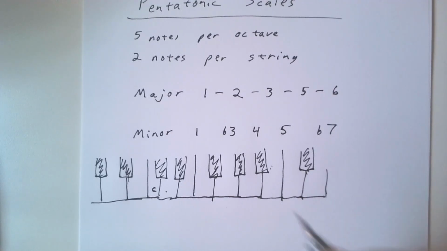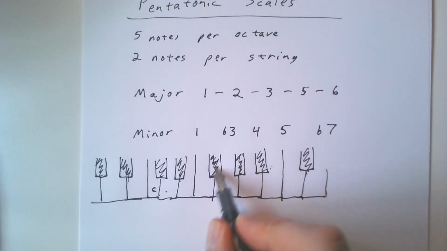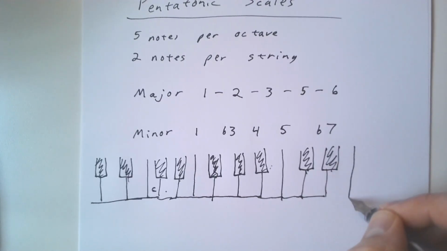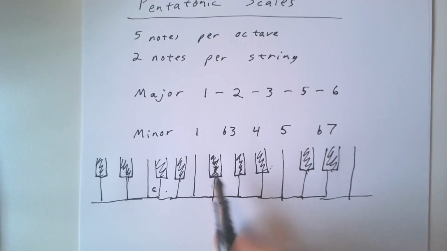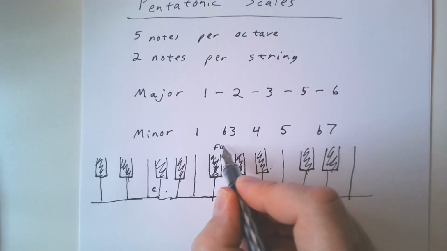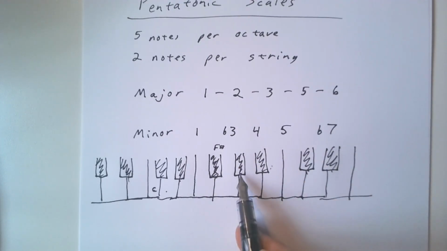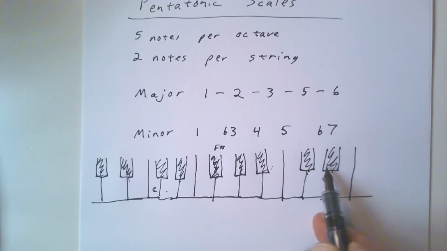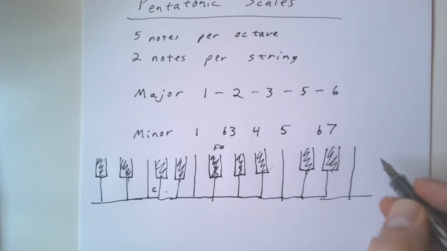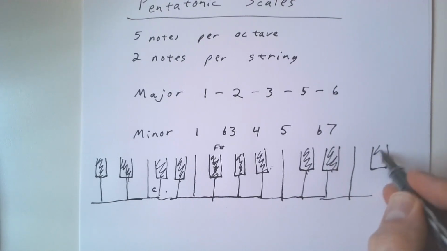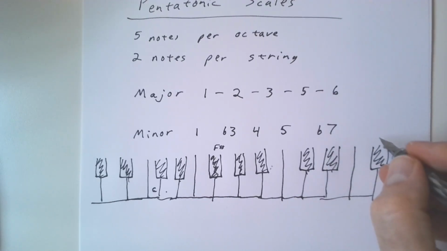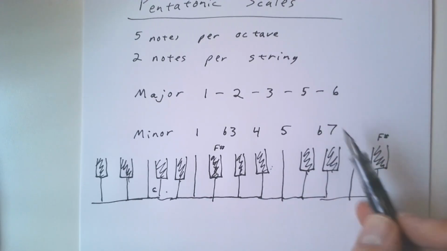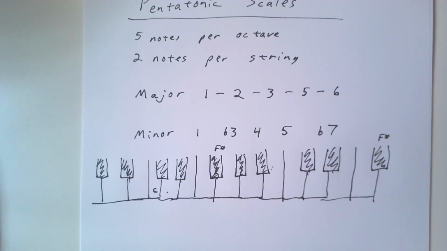Now, if you start on the F sharp right here, you'll see there's a whole step, a minor third, whole step, and another minor third. Okay, this is another F sharp, and that is the major pentatonic scale.